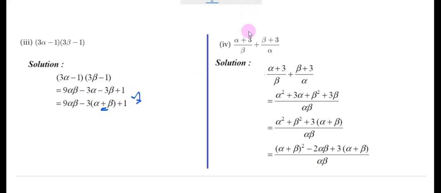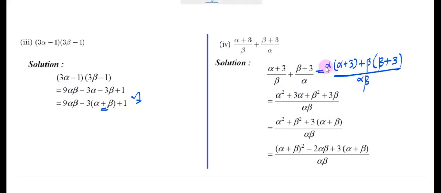Okay, now subdivision 4: alpha plus 3 by beta plus beta plus 3 by alpha. Now let us multiply, move this alpha to the left side. Here the first term, so alpha into alpha plus 3, understood, plus move this beta there, beta into beta plus 3, whole divided by alpha beta.